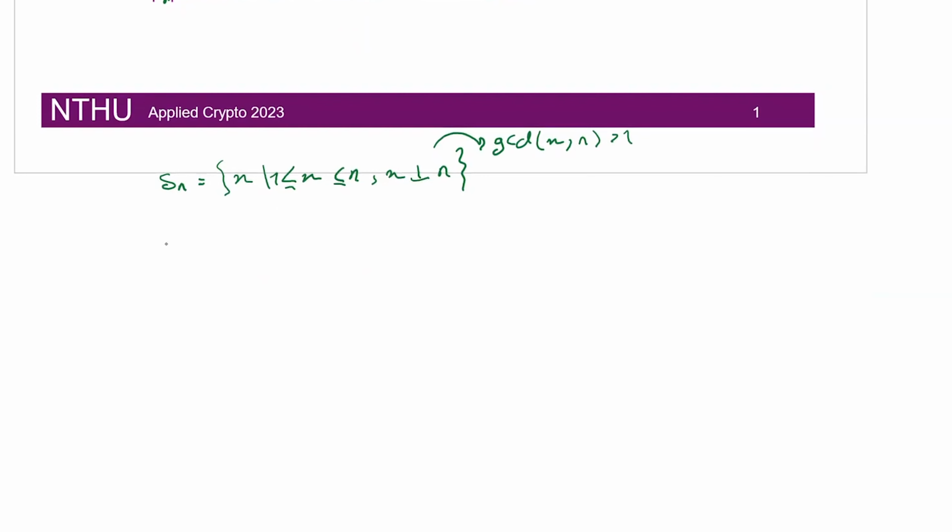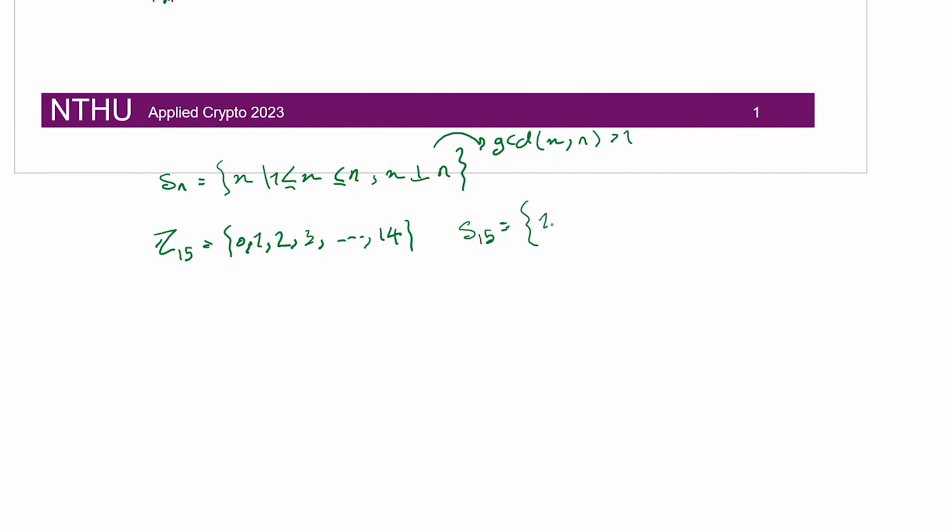So let me give you an example. Suppose we are talking about the group Z15. So my n here is 15, and Z15 is the set of all integers 0, 1, 2, 3, all the way to 14, right? And then if I want to define S of 15, this is going to be only those integers that are co-prime to n.